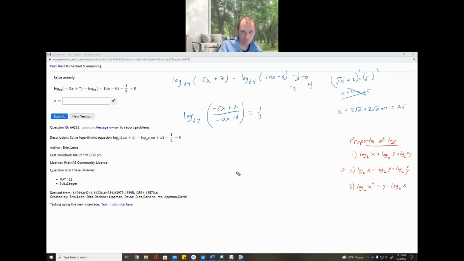equals 1/3. Okay. Now I have a single log equal to some number, and I can use the inverse, right? The exponential base 64. So we take 64 to the power of the left, 64 to the power of the right, and on the left, the log and the exponential wipe each other out.